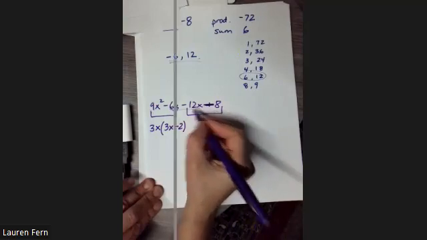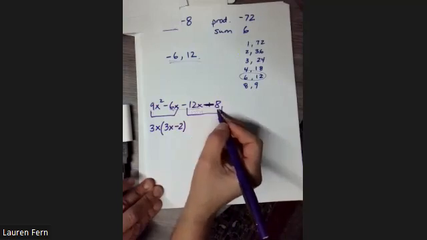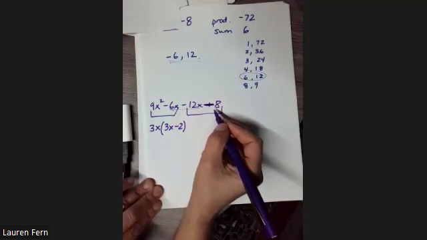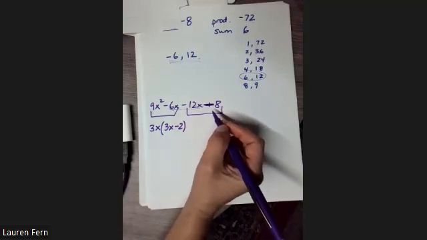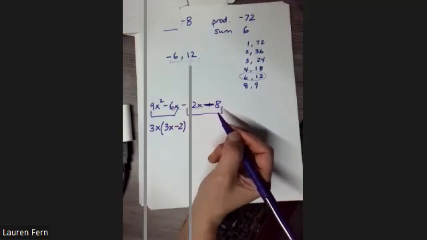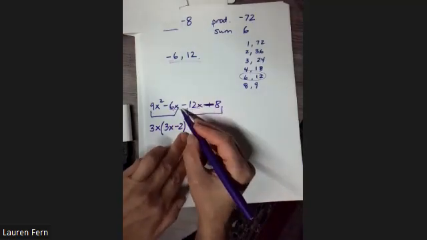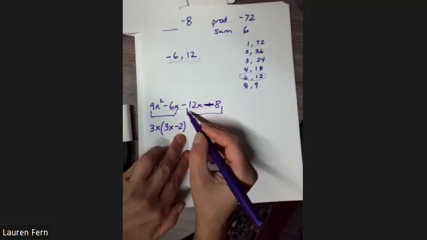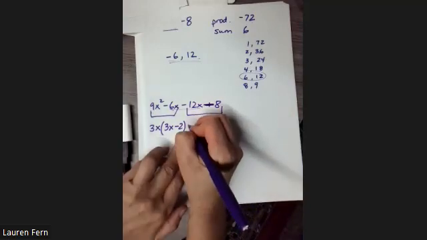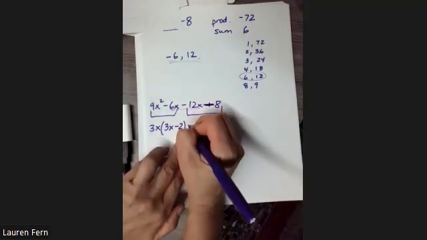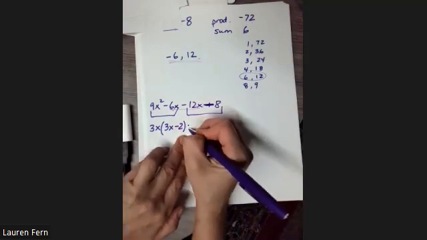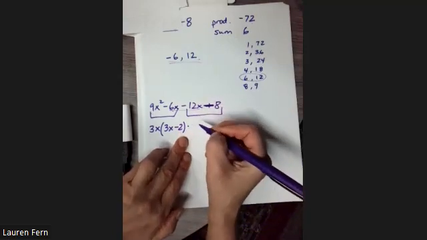Now I want to pull something out of each of these terms so that I am left with a 3x minus 2. Well, what can I pull out?